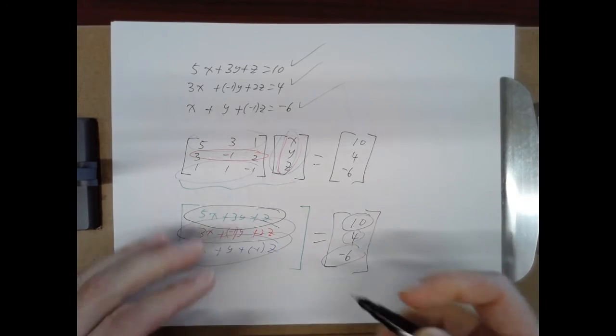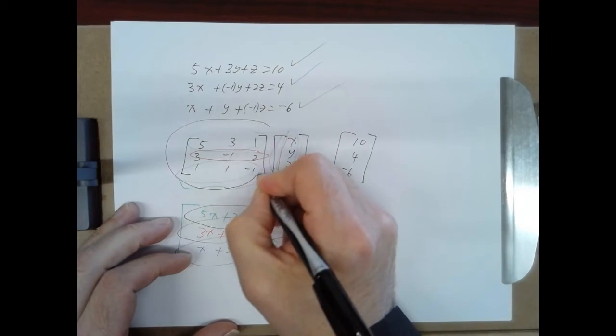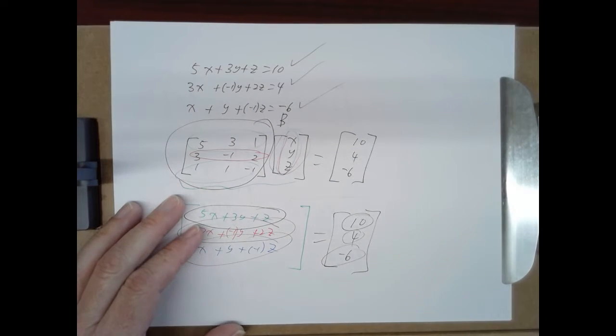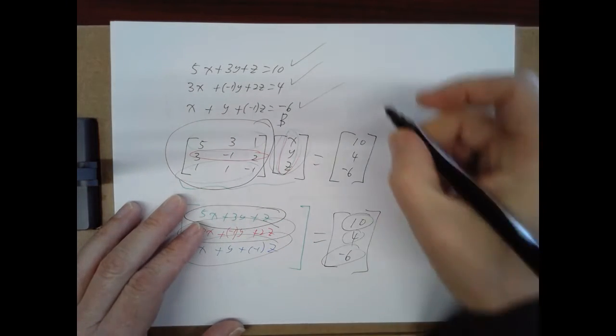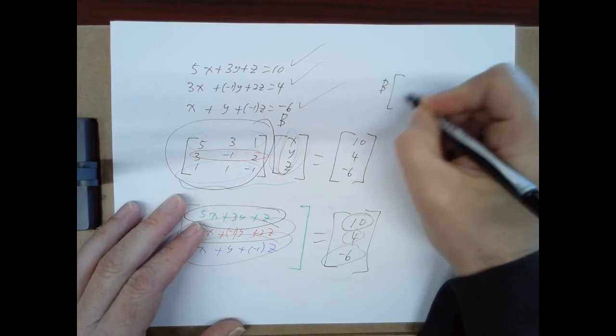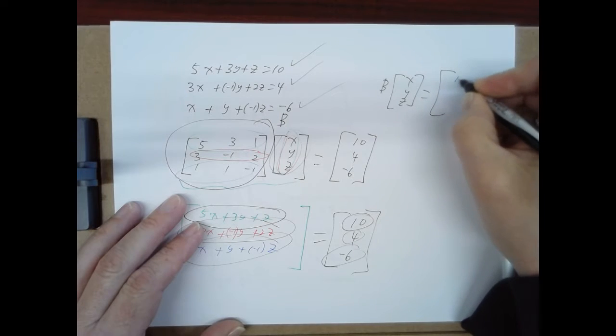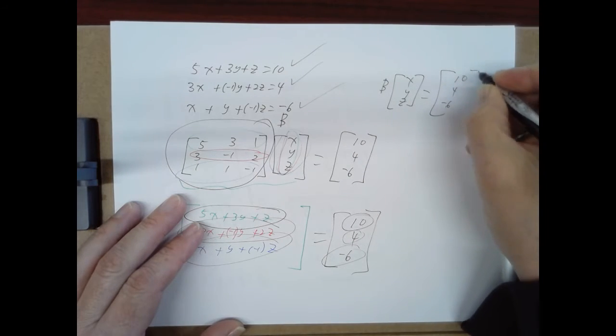And this is a solvable problem. If we call this matrix B, we're saying B times the matrix X, Y, Z equals 10, 4, negative 6.